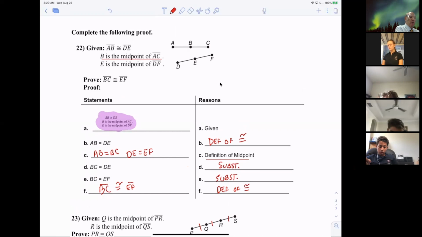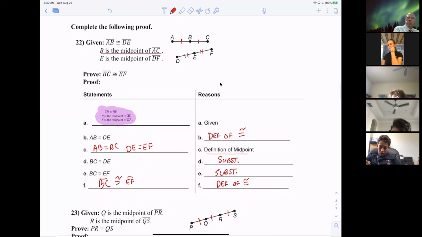The midpoint tells you that AB is equal to BC. E is the midpoint of DF. That tells you that these two are equal. You agree with that, Harris? Anybody else on that particular question, number 22?